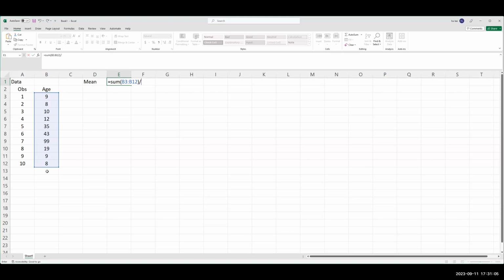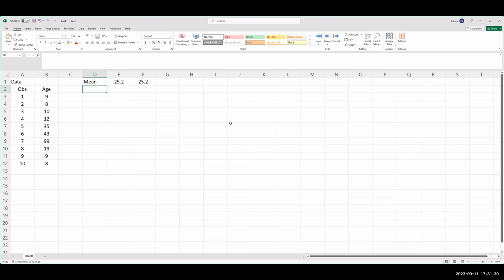We have 10. Let's just divide by 10. Enter. And this is the mean. The easy way of calculating the mean is equal to average, open parentheses, highlight and drag all the data in, close parentheses, and you should get the same information.